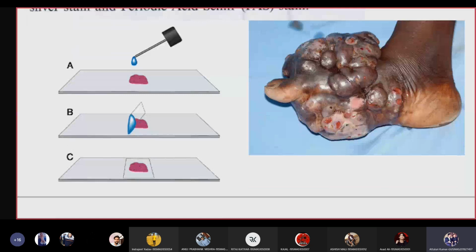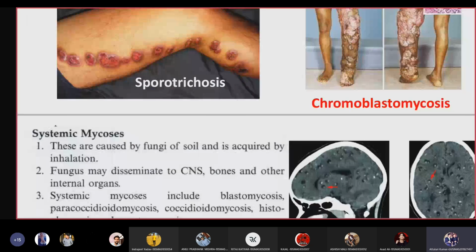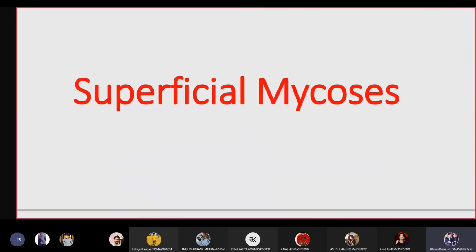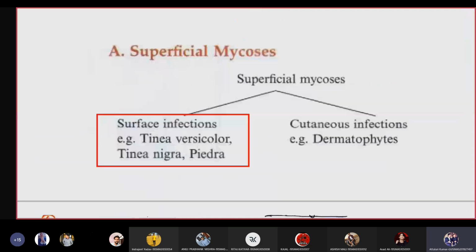Then we discussed mycosis. We have superficial mycosis, cutaneous mycosis, subcutaneous mycosis, systemic mycosis, and even opportunistic mycosis. Then we came to unit 2, where we have all fungal diseases starting with superficial mycosis. We have two types of superficial mycosis: surface infections and cutaneous infections.